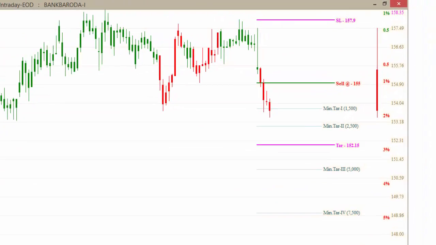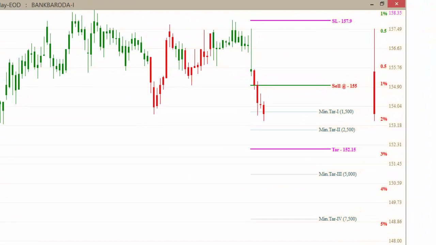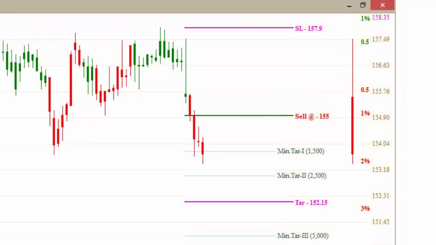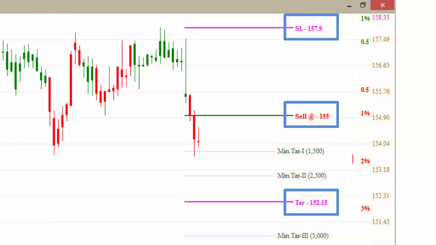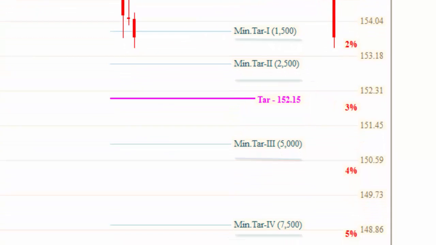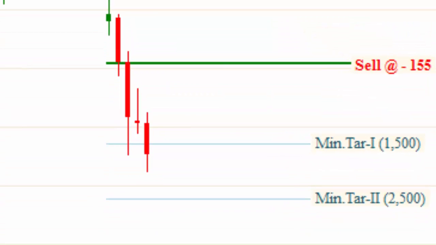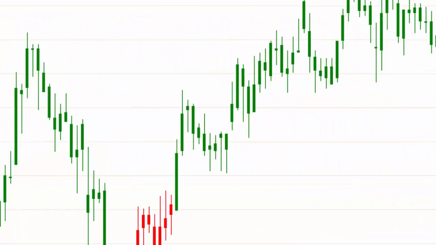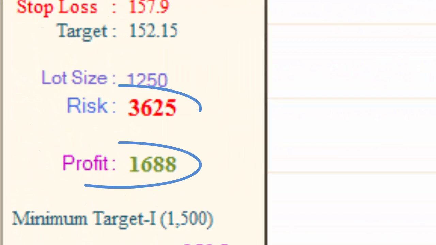We are in the Bank of Baroda intraday chart. This chart shows the sell signal, the stop loss and the proper target. As we discussed before, the 5 minimum targets are also available. As per the chart, Bank of Baroda has reached 1500 as minimum target 1, and it's going towards minimum target 2, which is also the main target.